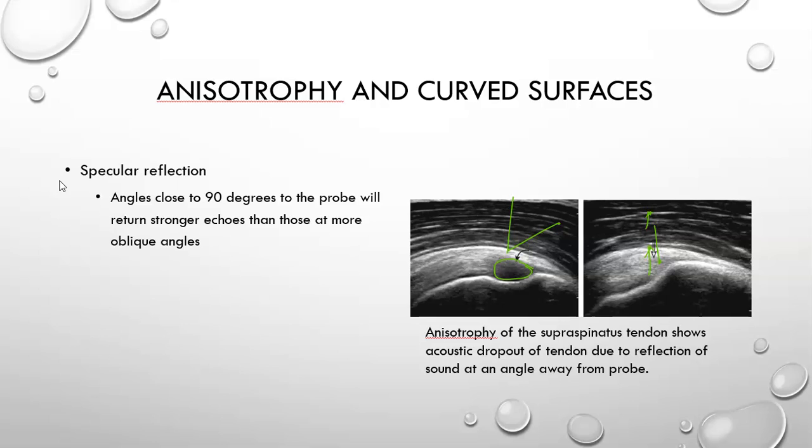It's important to know that with an anisotropic effect, heel-toeing or angulation of the transducer can make the effect go away. But if it's a real tendon tear or a real diagnostic finding, it will not go away no matter how much you angulate your probe.